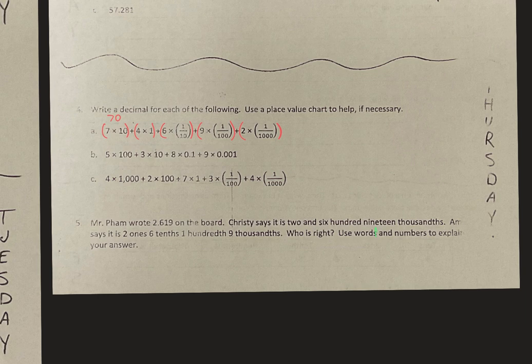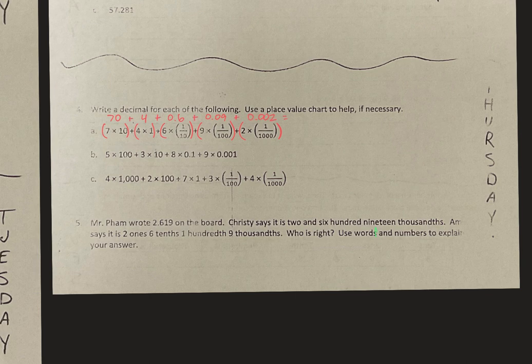And then I look at the next one. 4 times 1 is a 4 in the ones place. Okay, and then 6 times 1/10 is 6/10. 9 times 1/100th is going to be 9/100ths. And then finally we have 2 times 1/1,000th, which is going to be 2/1,000ths. I'm going to go back in and add my plus signs.